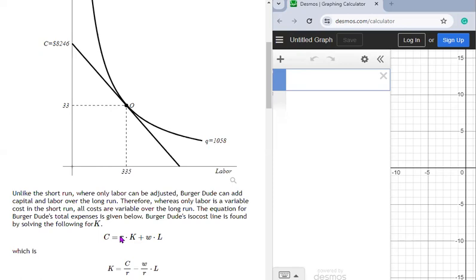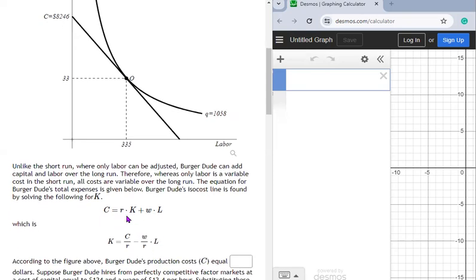Burger Dude's isocost line is found by solving the following for K. So this is the cost. This is the hourly cost per unit of capital. These are the units of capital. This is the hourly wage rate of labor, and this is the hours of labor.